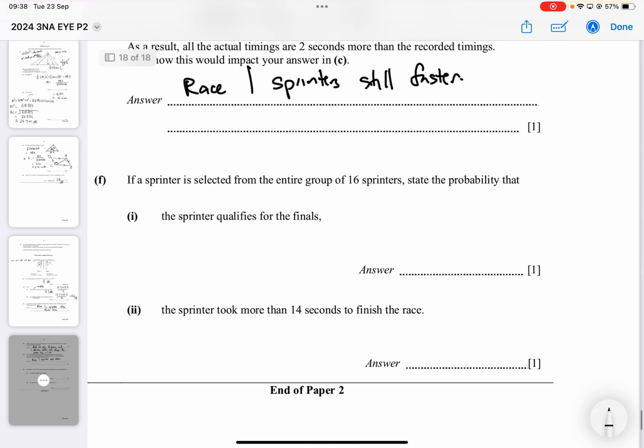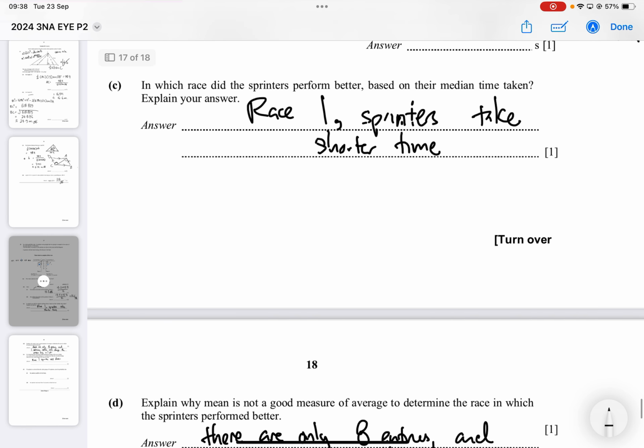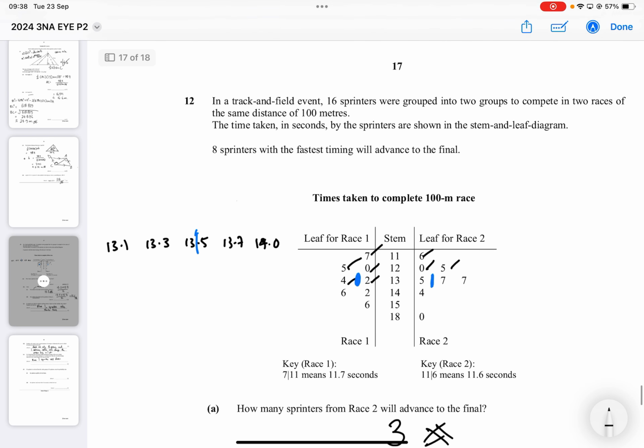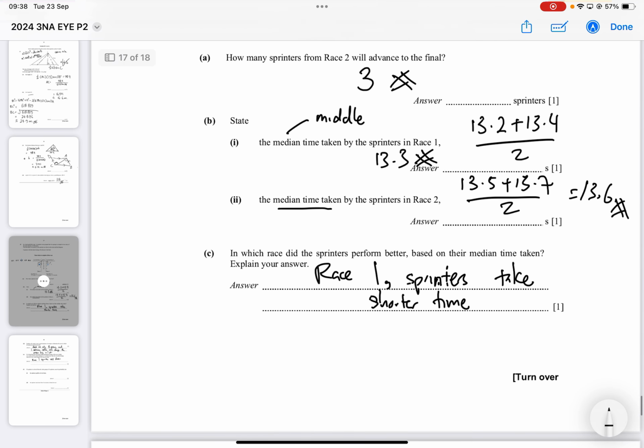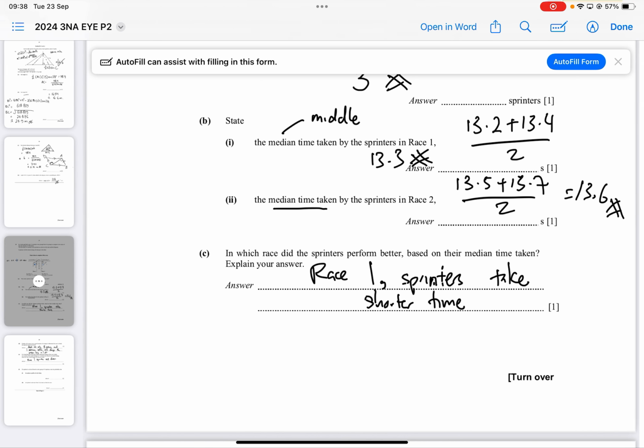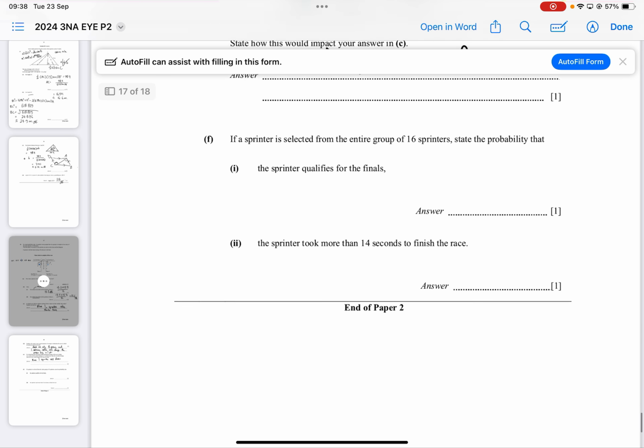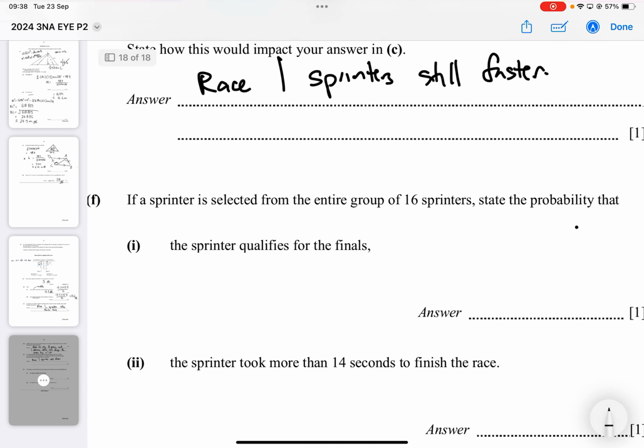If a sprinter is selected from the entire group of 16 sprinters, state the probability that the sprinter qualifies for the finals. Okay, so go back to the story. 8 sprinters will qualify. So the chance that you pick one randomly, there are 16. What is the chance that you pick one that qualifies? 50-50 chance, because the chance of picking one that qualifies is 8.